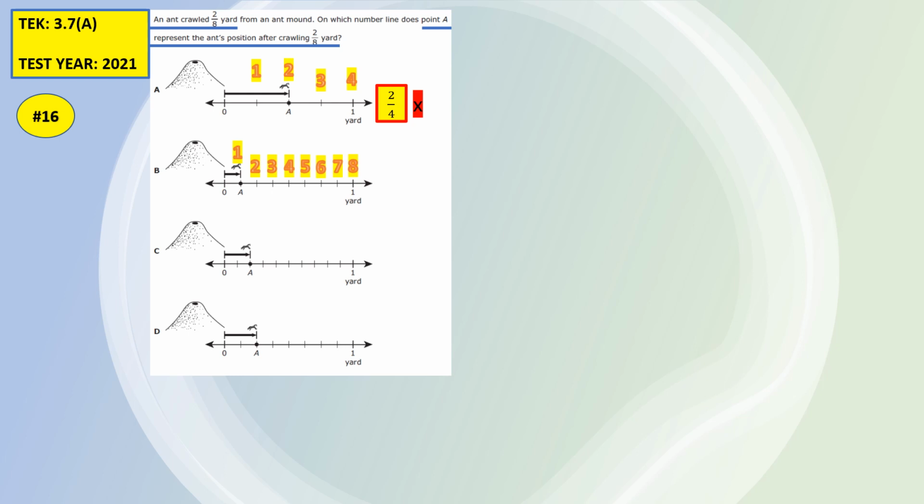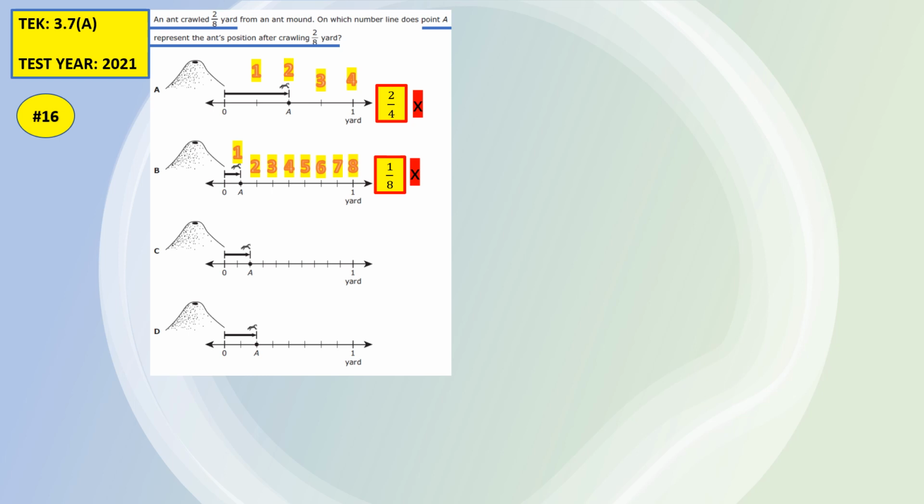So that means we're counting by eighths. And the point A is at the first mark, which means the fraction that represents answer choice B's number line is 1/8. We're looking for 2/8, so it's not B.